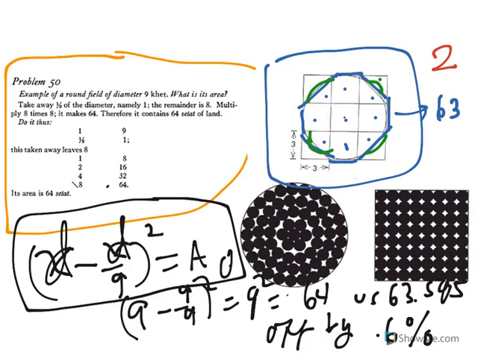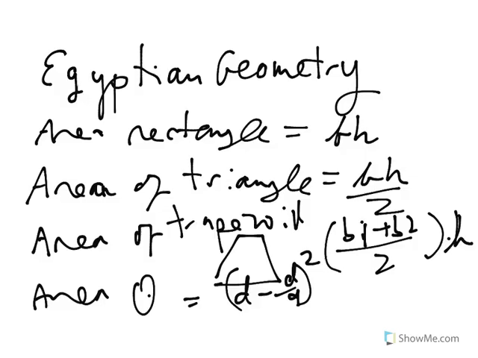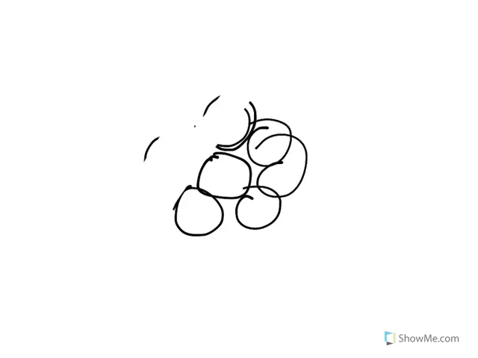But to me, the more compelling argument that I've heard is that if you were to take 7 circles, and you could do this with pennies, you put one in the middle, you can make a picture like that.